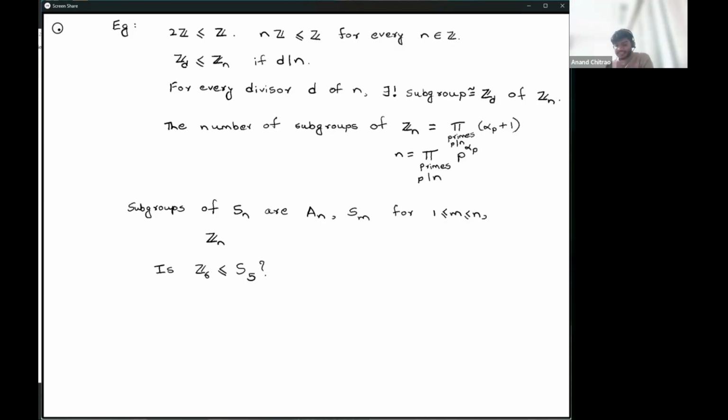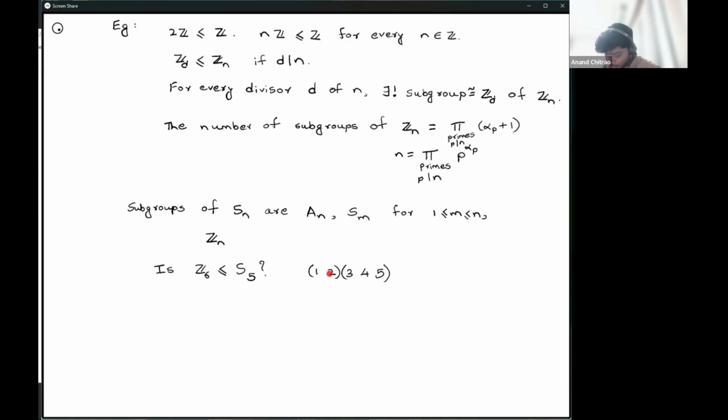Yesterday we saw that the order of a product of disjoint permutations is the LCM of their orders, right? So the order of the function (1 2) times (3 4 5) is equal to the LCM of the order of (1 2) and the order of (3 4 5).